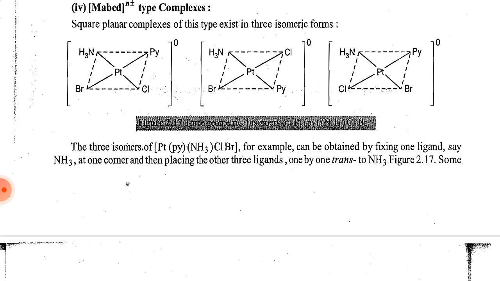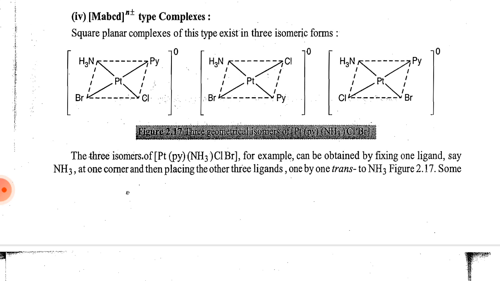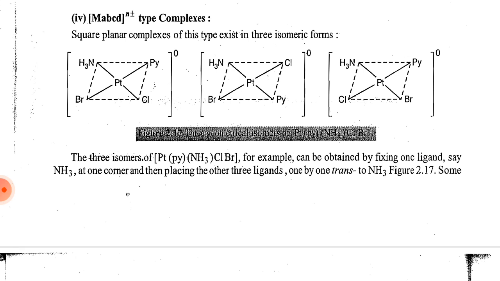So how can we get the three isomers from this kind of Mabcd complex? If we fix the ammonia in one place and change the positions of the remaining ligands. Here in the first one, ammonia is fixed, and the positions of Py, Cl and Br are changed. Then in the second isomer, ammonia is at the same position, fixed, so once again the positions of Cl, Py and bromine are changed.